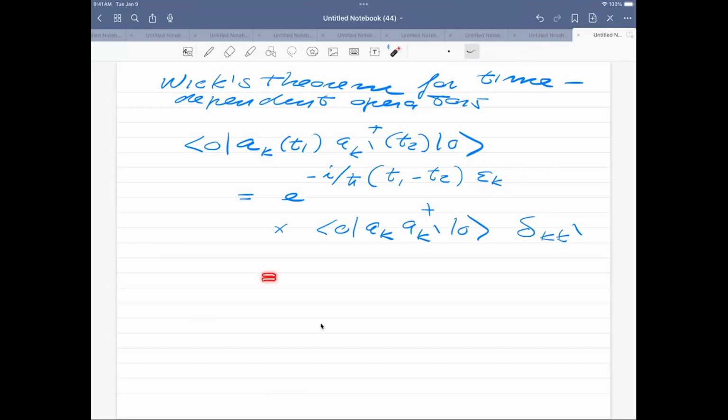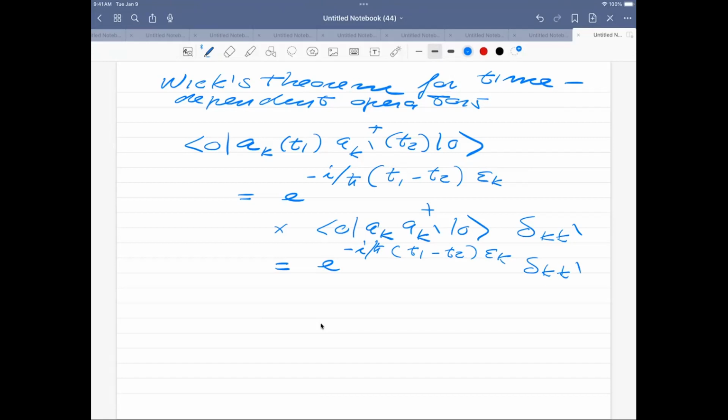So this will be an expression which now ends up being equal to e to the minus i divided by h bar multiplied with t1 minus t2 multiplied with epsilon k delta k k prime. Now, if you look at this expression here, do we have to think a little bit more, or does it look okay?